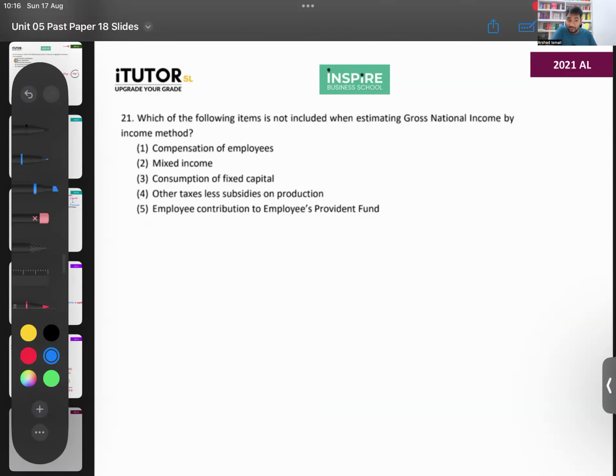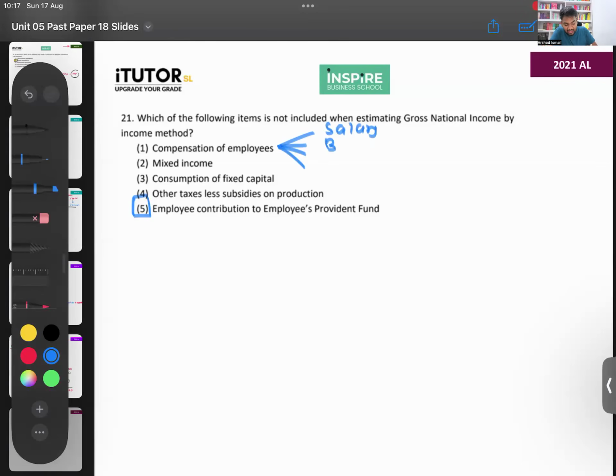Not included is the last one, because this employee contribution will not be part of the GNI income approach because households don't get that. But if you say my employer contribution, it will be there. Now, inside compensation of employees, what and what do you have? You have your basic salary.